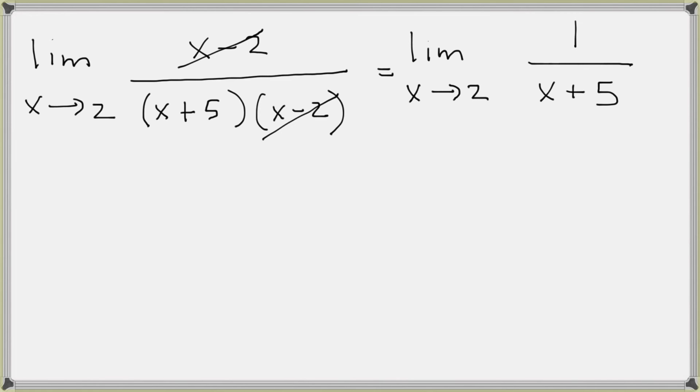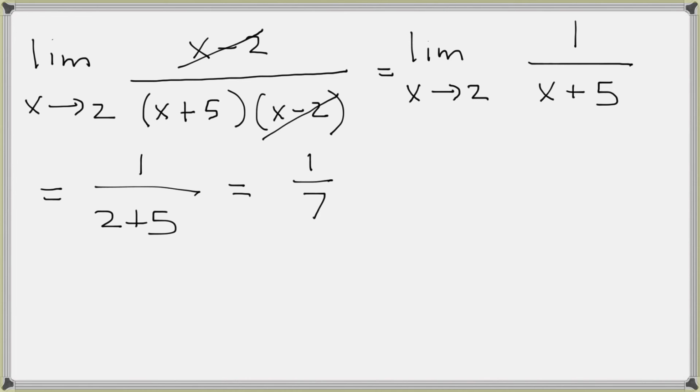When we cancel it out, we get the limit as x goes to 2 of 1 over x plus 5. And now when we substitute the 2 in, we wind up with a value of 1/7. So the limit as x goes to 2 of this function will be 1/7, right? So it comes out to be a number in this case.